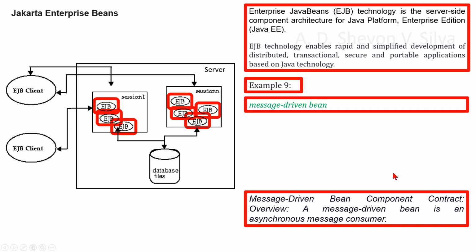Now we are considering the overview of the message-driven bean component contract. A message-driven bean is an asynchronous message consumer. A message-driven bean is invoked by the container as a result of the arrival of a message at a destination or endpoint that is serviced by the message-driven bean.